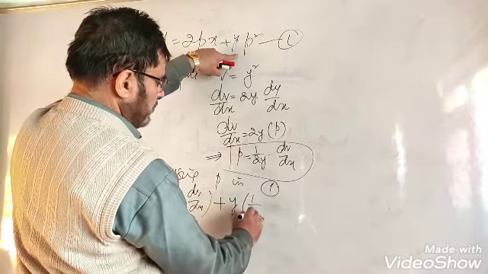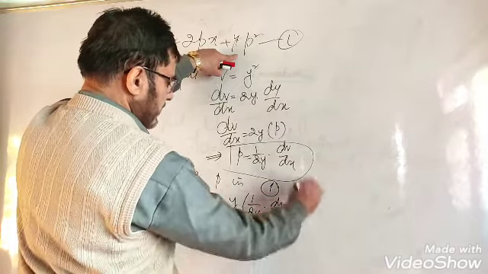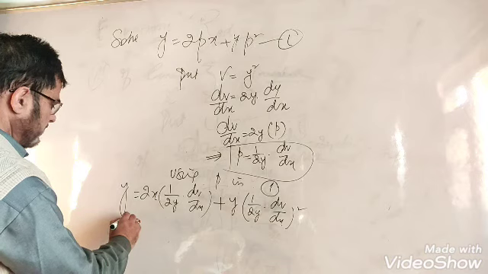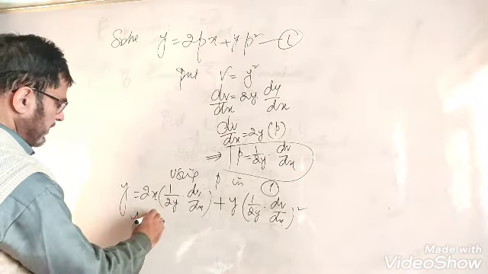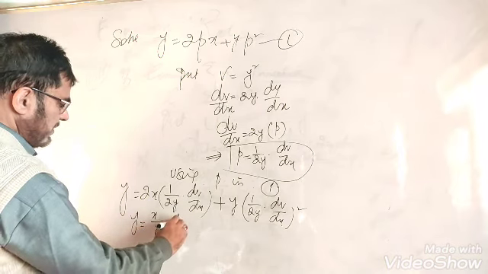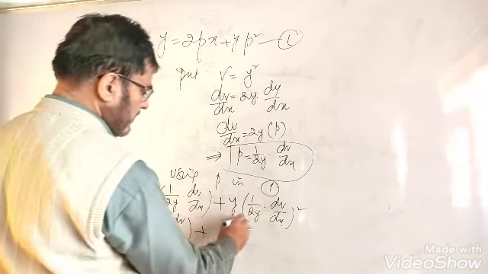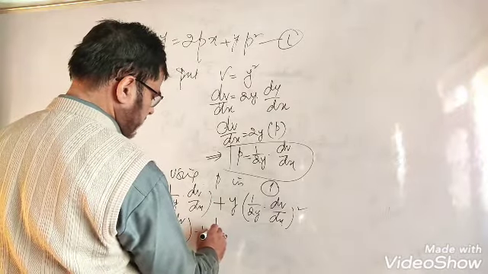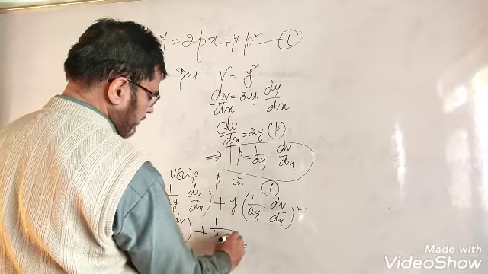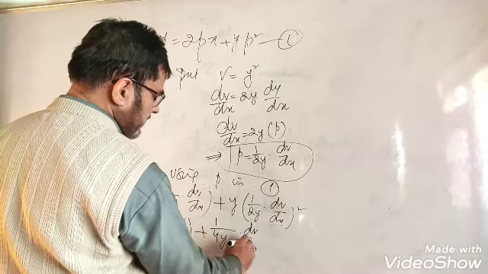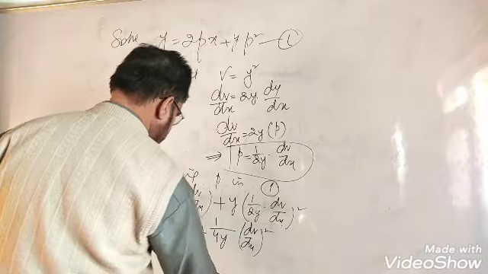It is (1/(2y) dv/dx)². On simplification, it gives y = (x/y) dv/dx + (1/(4y)) (dv/dx)². Let us simplify it here.